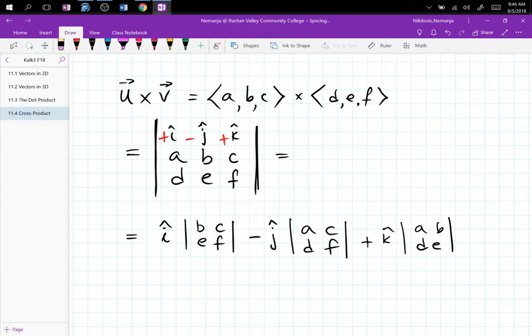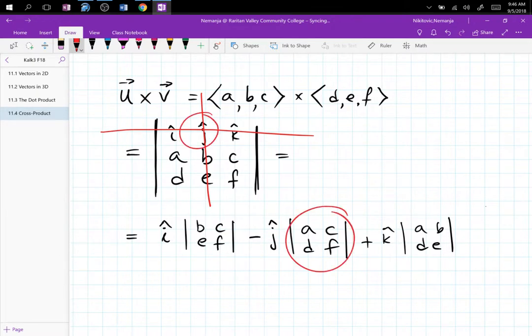Every time you put I, J, or K, you eliminate its row and column, and the leftover are the positions that are not eliminated.